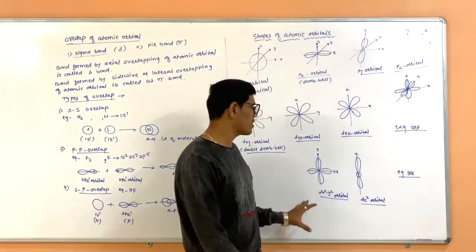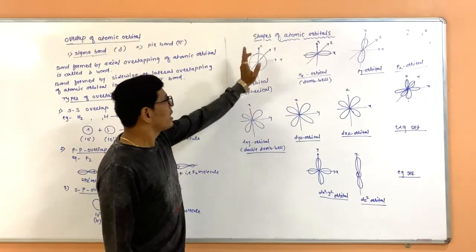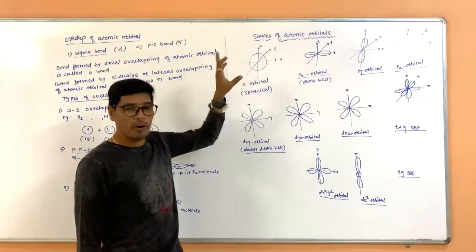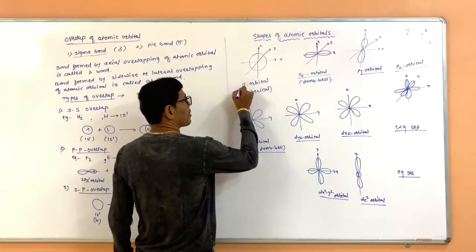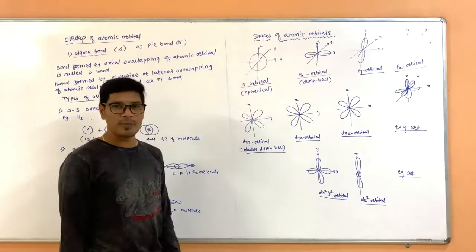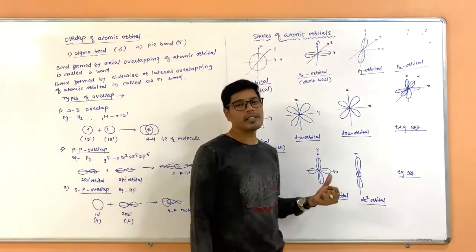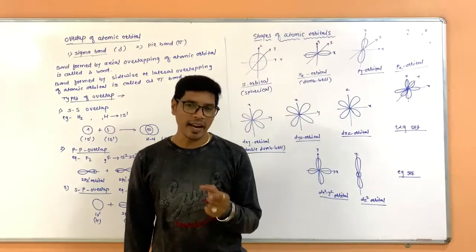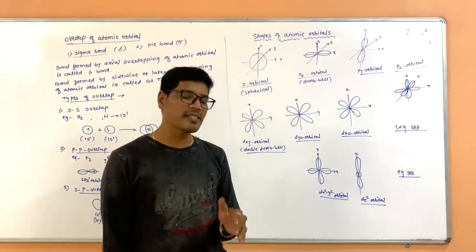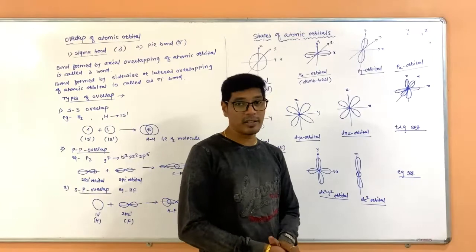The shape of the F orbital is very complicated. That means only 3 orbital shapes are covered here. One is the S orbital, spherical; then the P orbital, dumbbell shape; and the D orbital, double dumbbell. In D, x, y and z: along the x axis, along the y axis, along the z axis, dumbbell.